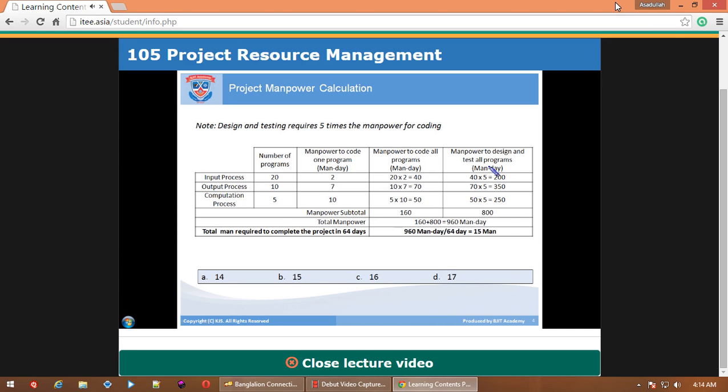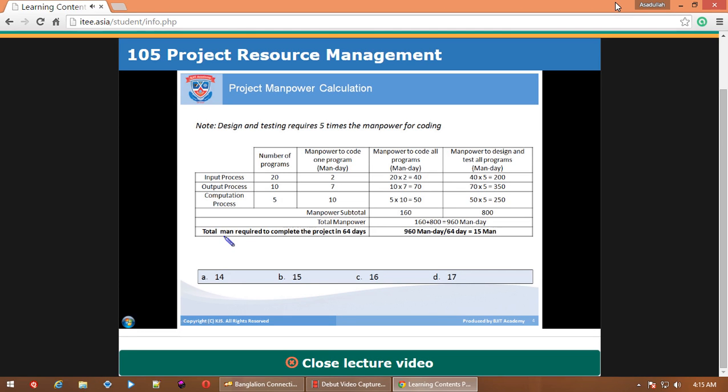Similarly, for designing and testing, we need 800 man days by summing these 3 process manpower requirements. So total manpower for coding, designing and testing is 160 plus 800, that is 960 man days.